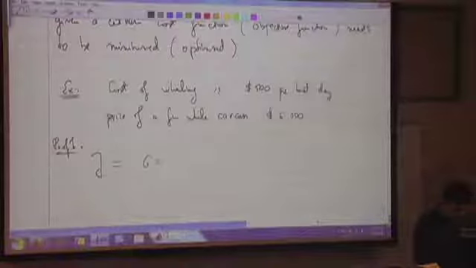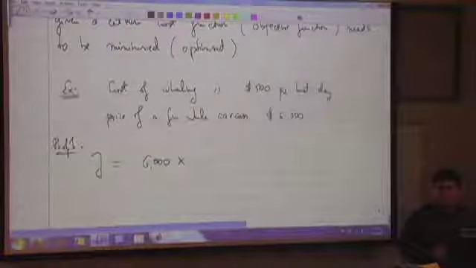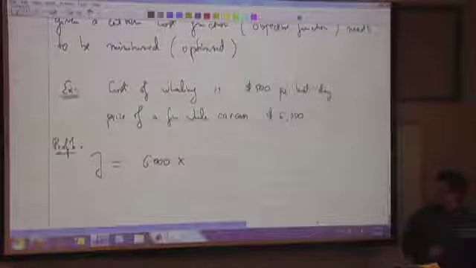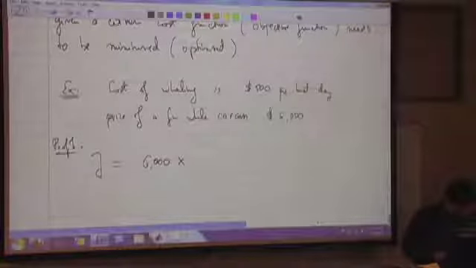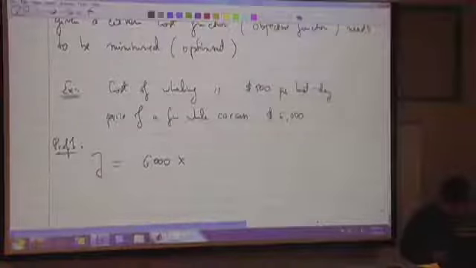Revenue, so this would be $6,000 times... let's see, it's not really X. Yeah, it's alpha UX, right?